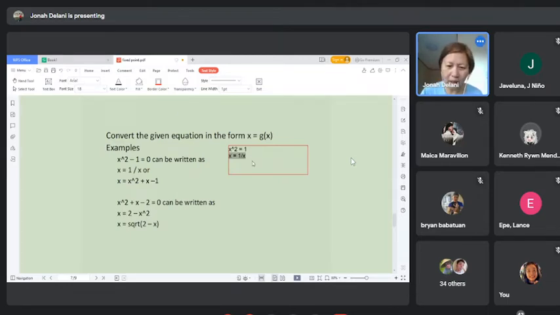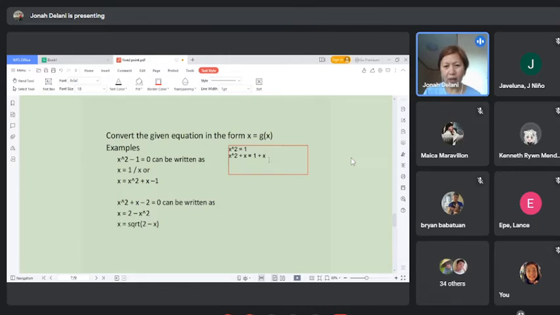The fixed point form is not only limited to one form. It can be any form. Pwede, I can add x both sides. X squared plus x equals 1 plus x. Right? Then I will transpose 1 on the other side.